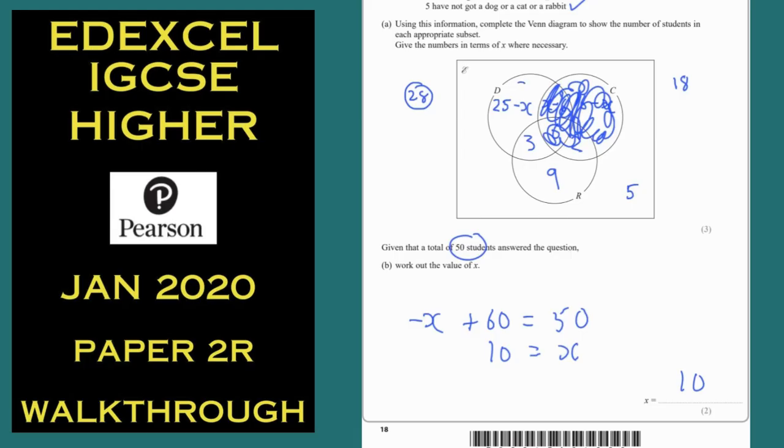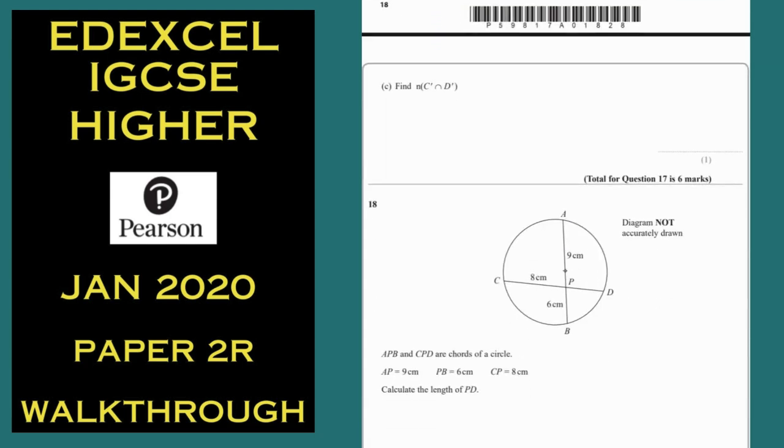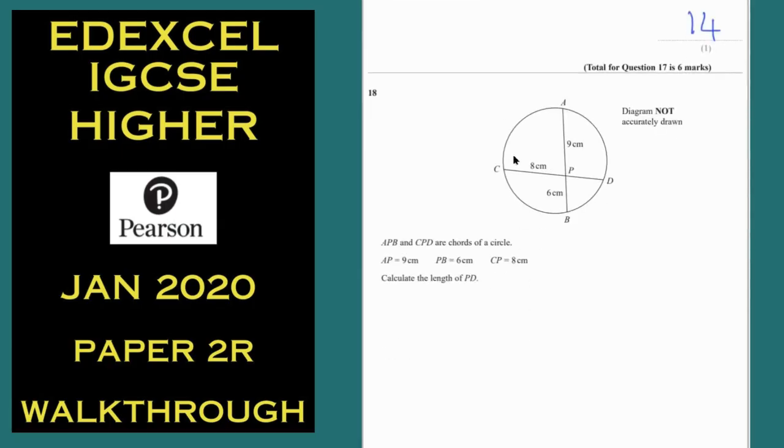Not D is get rid of them. It's what's left. So as you can see, there's only two numbers left. 9 and 5. 14 people fall into that. Strange little question there to tack on the end.